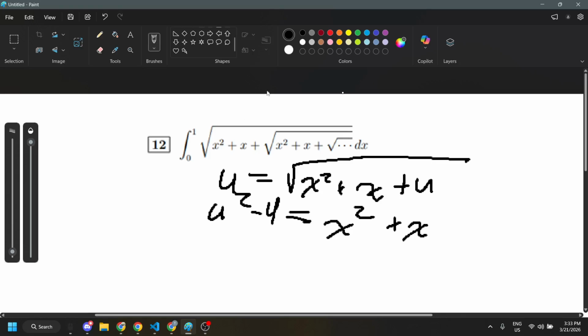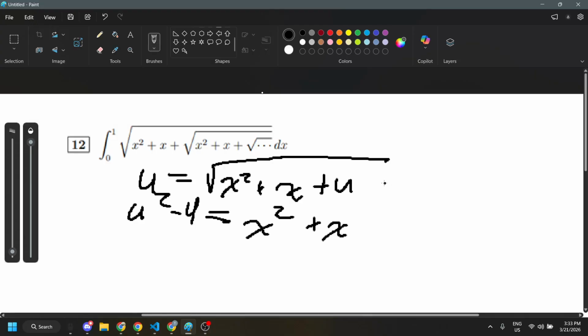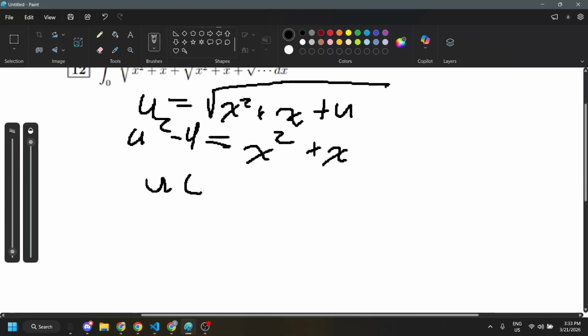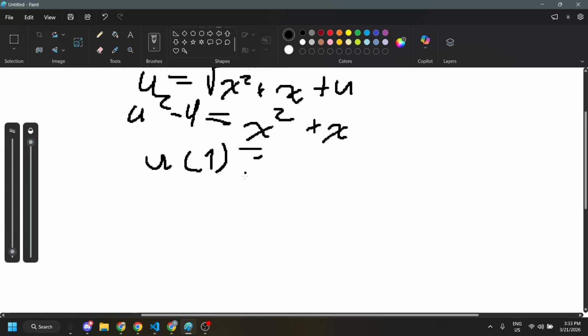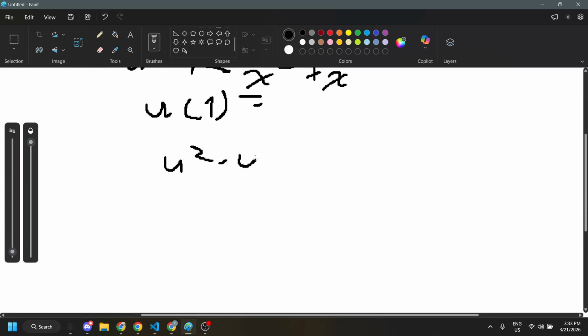Well, okay, let's find u of 1. U of 1 is equal to, u squared minus u is equal to 2. So u squared minus u minus 2 is equal to 0.